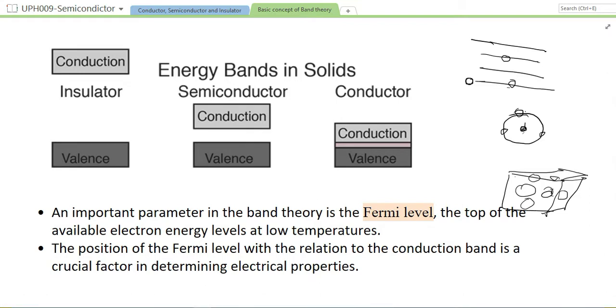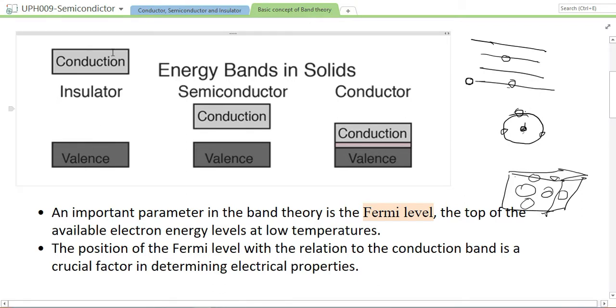When you have atoms in a material, they're not isolated, their surroundings become different, and these atoms form bonds with nearby atoms: covalent, ionic, metallic bonds, and so forth. When that happens, the outer electrons no longer have discrete energy levels. That gets modified and you get these energy bands.